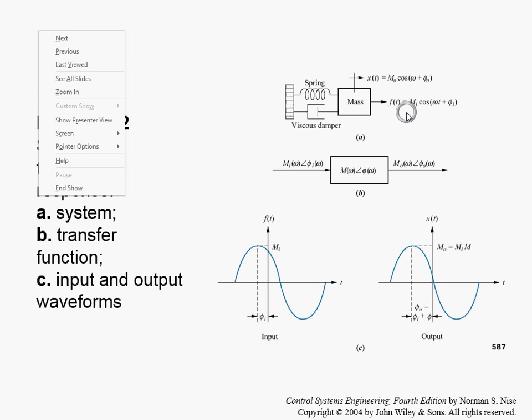Here this notation says this is the magnitude with this angle, and here comes the magnitude output with the output angle. Maybe you can see it better on the left hand side, down here. This is your input, and if you measure it from the vertical axis to the peak, that's phi sub i.